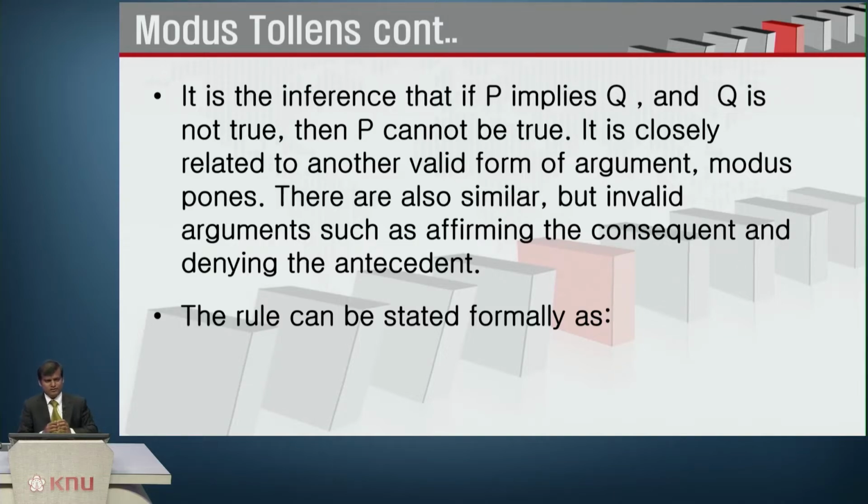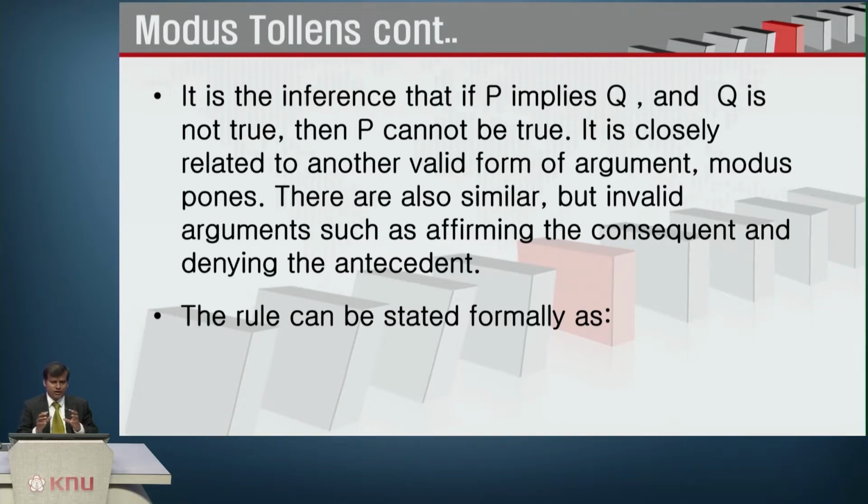In other words, here is a simple and clear definition for modus tollens. It is the inference that if P implies Q and Q is not true, then P cannot be true.